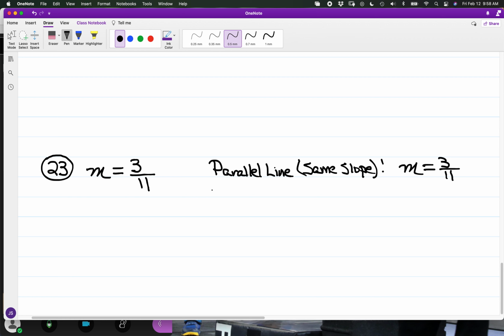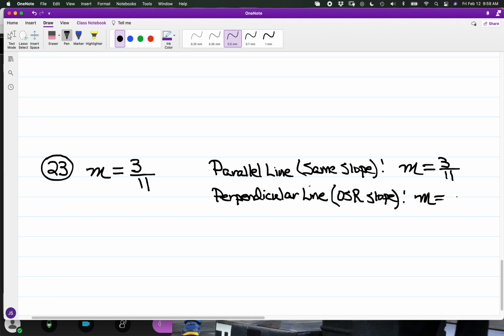Now for the perpendicular line, you want to have, I'm going to use a little bit of shorthand here, OSR, that's opposite sign reciprocal slope. So for the given line, the slope is 3/11. Now for the perpendicular line, you're going to have the opposite sign reciprocal of 3/11.